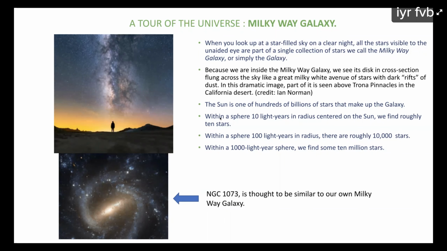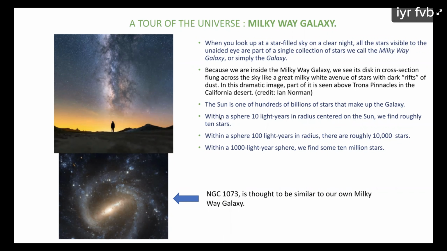Now, the Milky Way is considered a galaxy which belongs to the spiral type. When we talk about galaxies, we will learn that there are different types that we use to classify them. The two main types are elliptical galaxies, which have an elliptical shape, and spiral galaxies, which are galaxies that have spiral arms. Our own galaxy is a spiral galaxy.